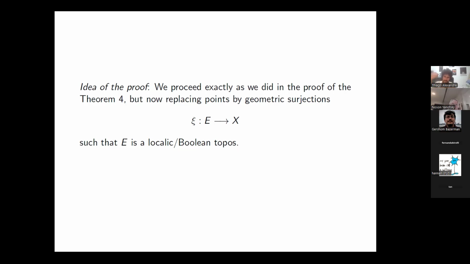The inverse image part of the adjunction is a conservative functor, which is precisely the definition of geometric surjection.